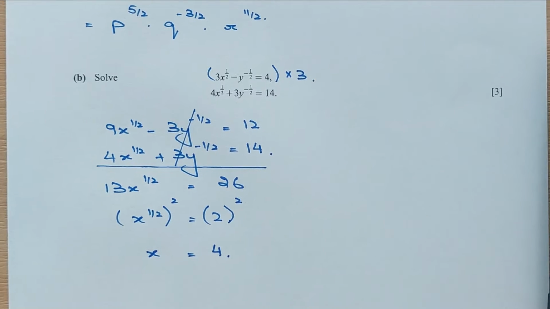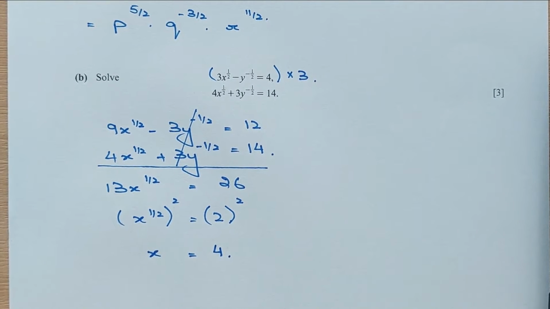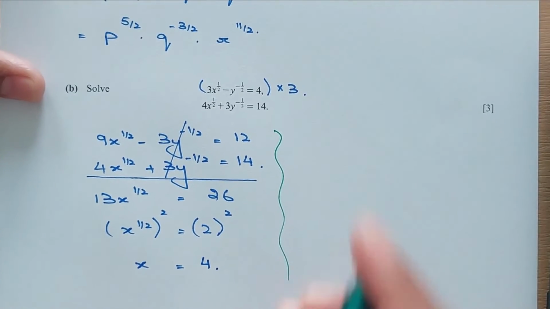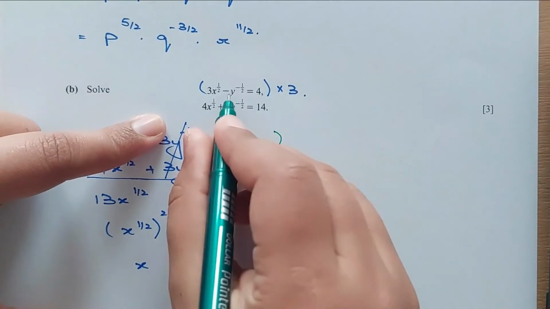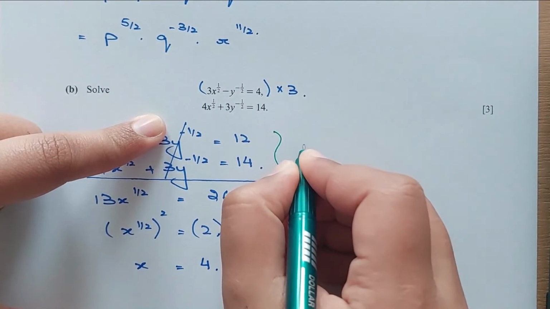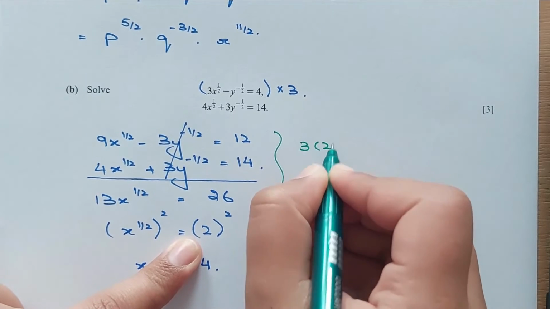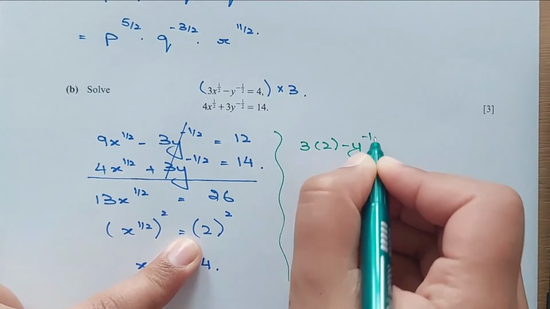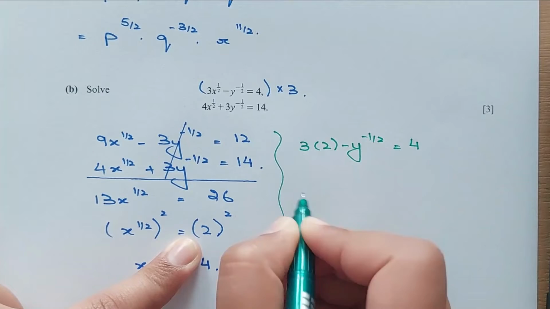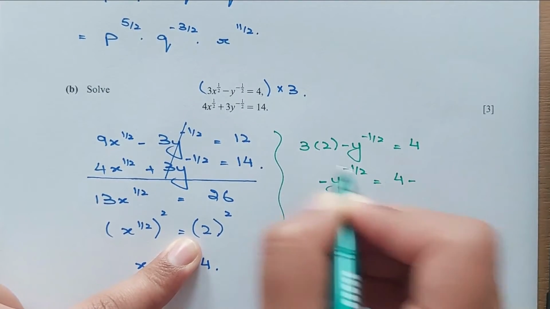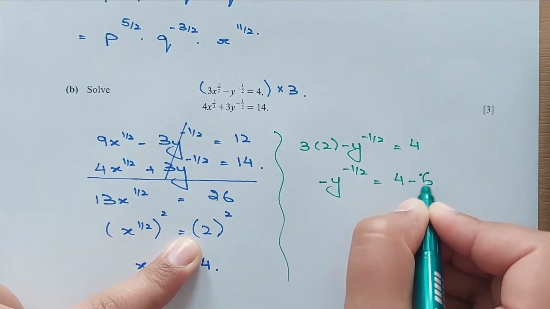Now let me substitute this x value into my first or second equation to get the answer for y, right? If I do the first one, we have 3x^(1/2), which we got as 2, minus y^(-1/2) equals 4. So minus y^(-1/2) equals 4 minus 3 times 2, which is 6.